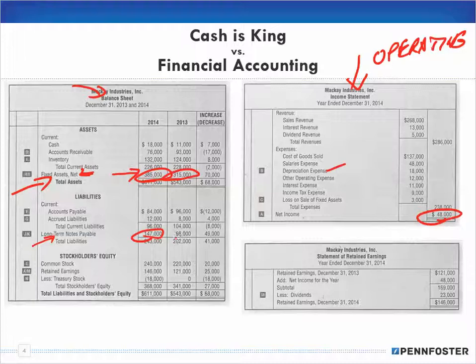And as far as financing activities is concerned, we have long-term notes payable. Well, that increased, right, from one year to the next. So we're talking about here about a $49,000 difference in the increase in our long-term notes payable. So we're going to have to consider that as part of our financing activities. And then we also have to look at our common stock, right?